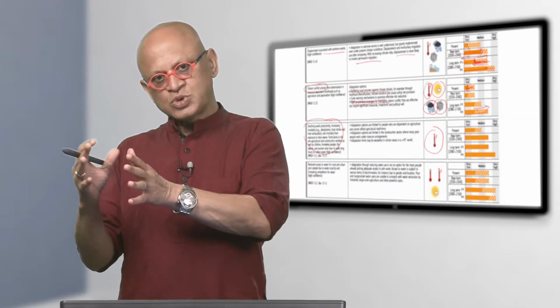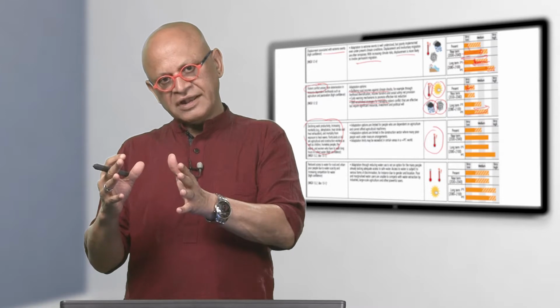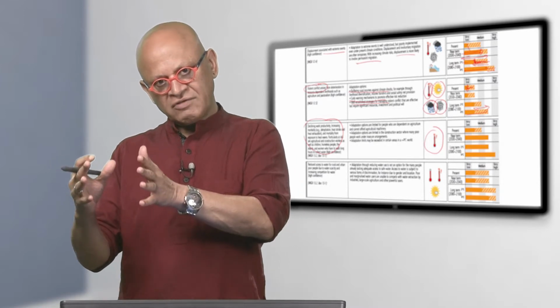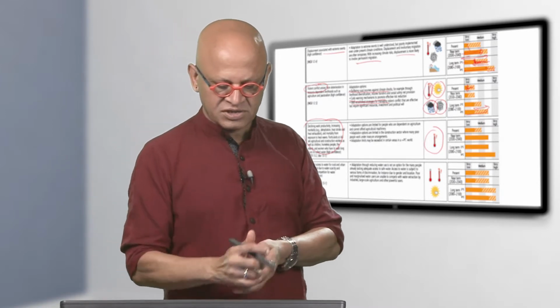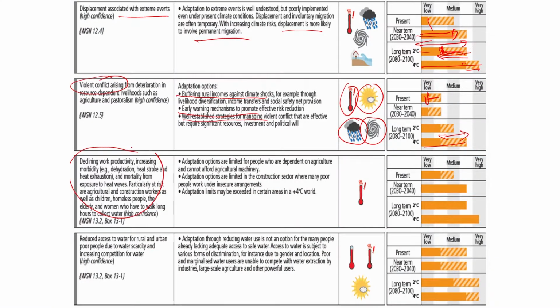So, these kind of socio-economic factors and human behavior are important, and I will come to that in a few minutes. Declining work productivity, this is somewhat hard, but it is already clear that heat waves and of course also floods and so on have a severe impact on productivity and the daily labor lost, years of life lost, and so on and so forth. See, adaptation options are now limited for people who are dependent on agriculture.